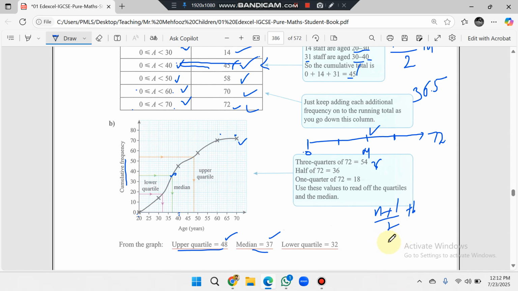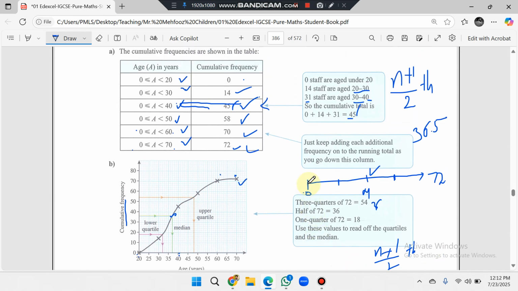So that will be equal to 36 plus 1 over 2. It will be equal to 37 over 2. And what is your answer? That will be equal to 18 point something. It means, where is the value 18 point something?